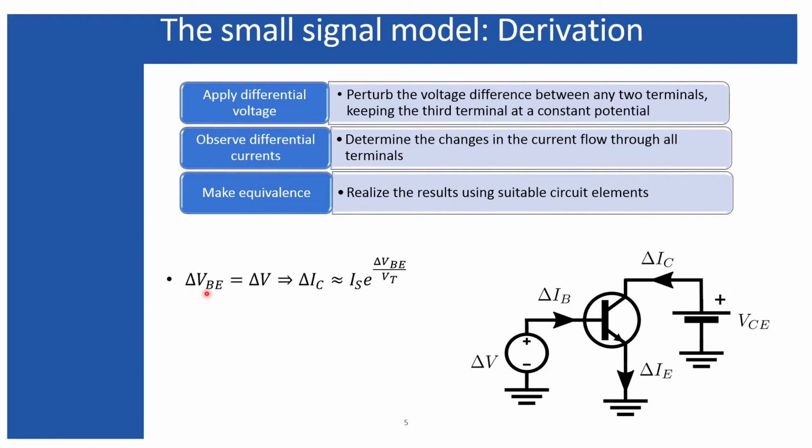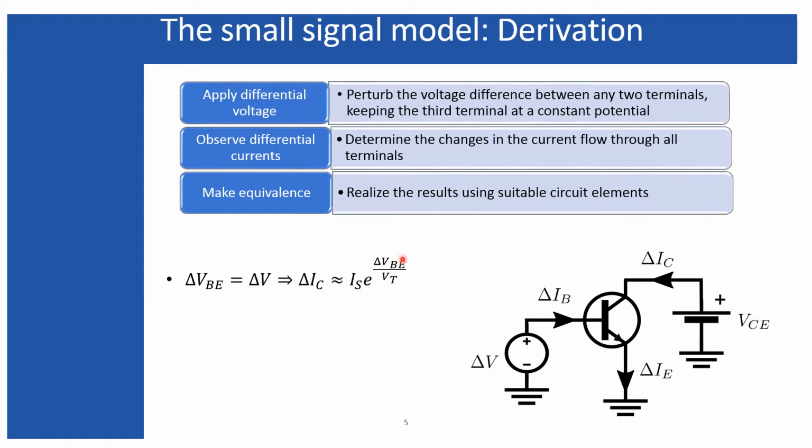So delta VBE is equal to delta V, which is the differential voltage I have applied, and that is producing the differential base emitter voltage. And we know the collector current is related with the base emitter voltage through this equation.